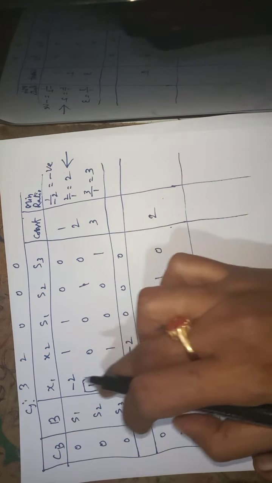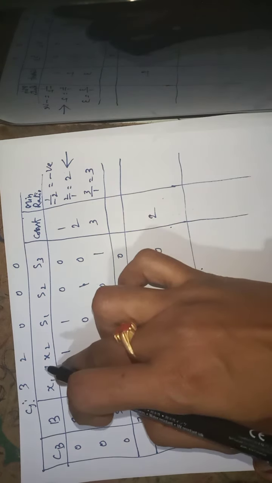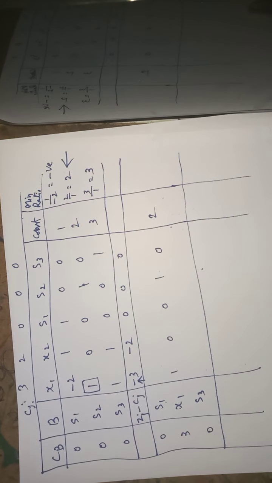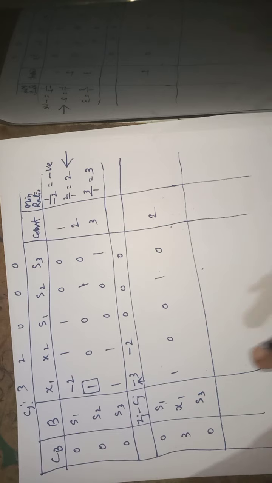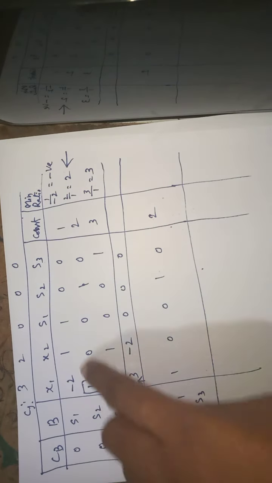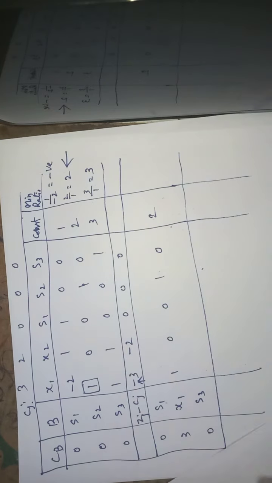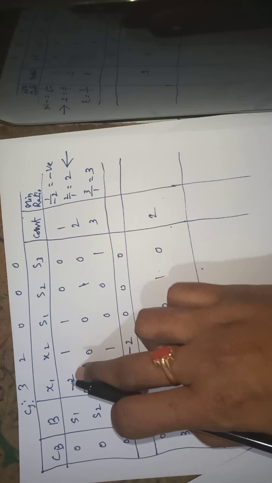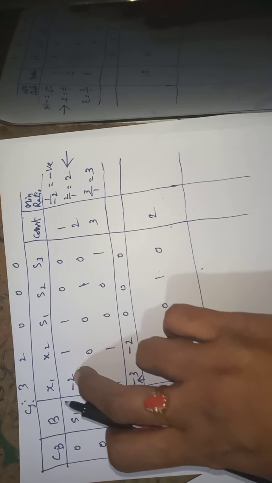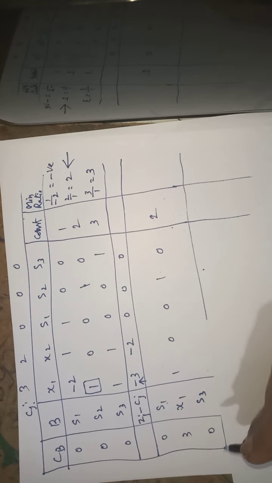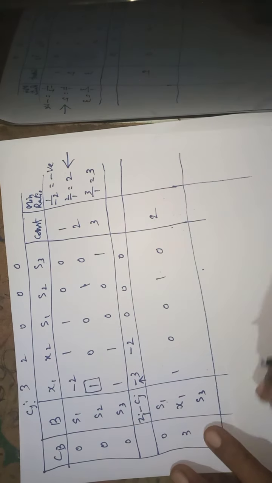Now what do we have to do? We have to convert the above and below elements into zeros by doing some elementary row operations. Here the first row is R1, the second row is R2, the third row is R3. You just think like that: R1, R2, R3. Here in place of -2 we have to get 0. To get 0 in place of -2, which type of operation do we have to do?